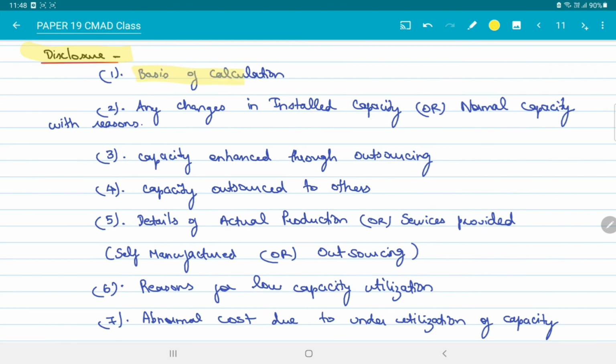The basis of calculation, how you are calculating the capacities, you should disclose. If there are any changes in installed capacity or normal capacity, you should disclose them with reasons, and the factors which are impacting the installed capacity and the normal capacity.